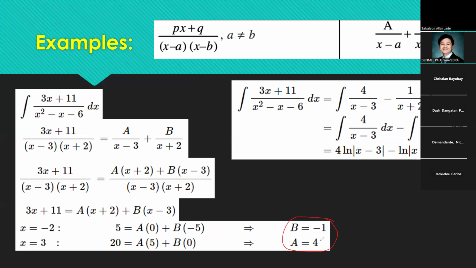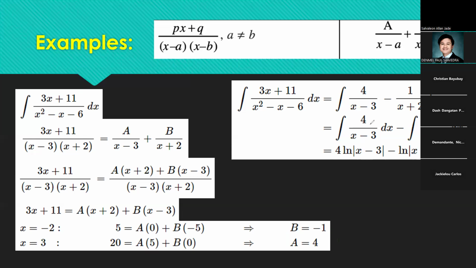This is our A, this is our B. Afterwards, we can now do integration by parts. This one is now under the logarithmic formula, du over u. The derivative of x minus 3 is simply dx, so you can take the constant out, and only dx is left.